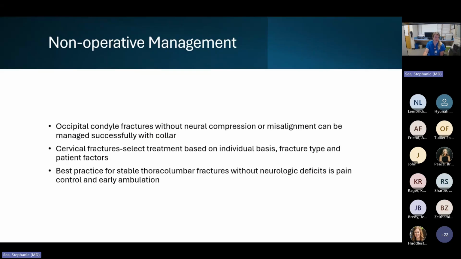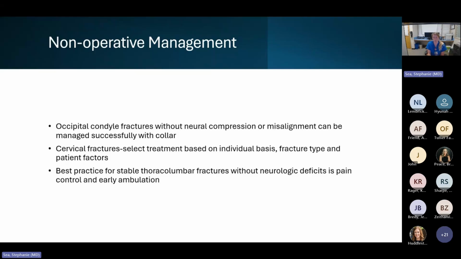Non-operative management is by far the most common, and this is what we see. Everyone ends up being in cervical collars or TLSO braces. Everything is treated on an individual basis, and that's why these injuries and injury patterns can be so frustrating, especially when these patients get to the floor and we're dealing with bracing and moving and precautions, because they literally are so individualized.